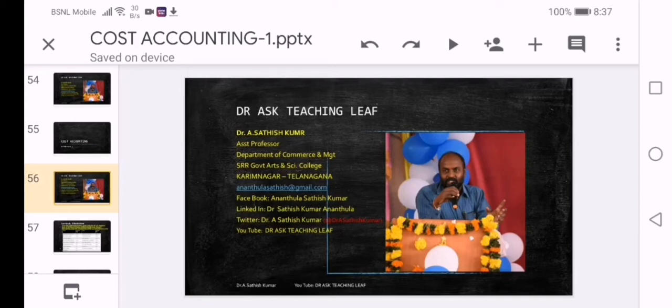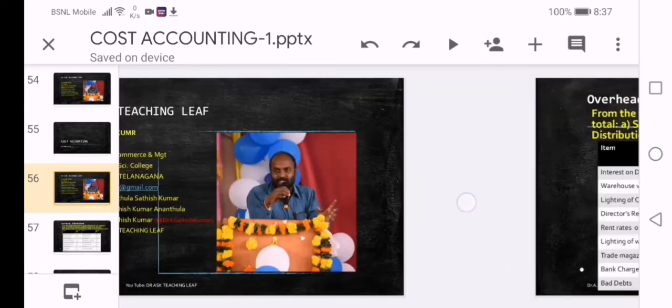Those 2 exercises which are given at the end of this session in the last slides, you copy them or take the screenshot and practice on your own, which helps to understand and get familiar with the computation of cost sheet.